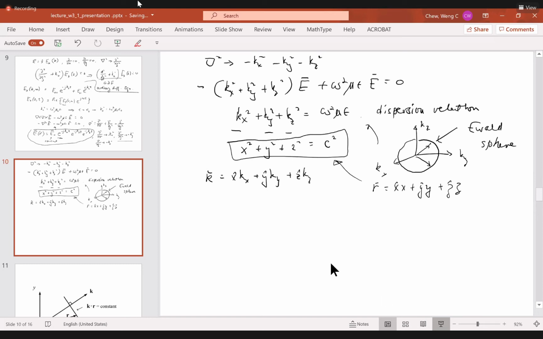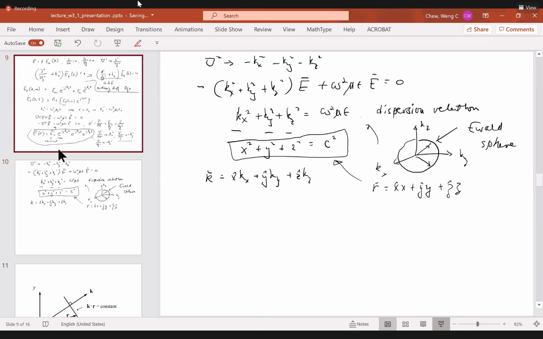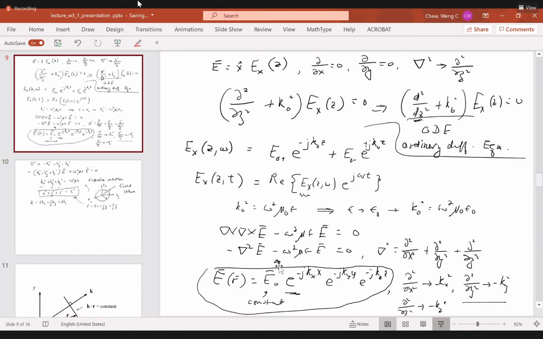So there's something very interesting which says that if you assume an equation of this very simple form, given by this thing over here, this simple form actually satisfies this Helmholtz wave equation, but this is very long to write.